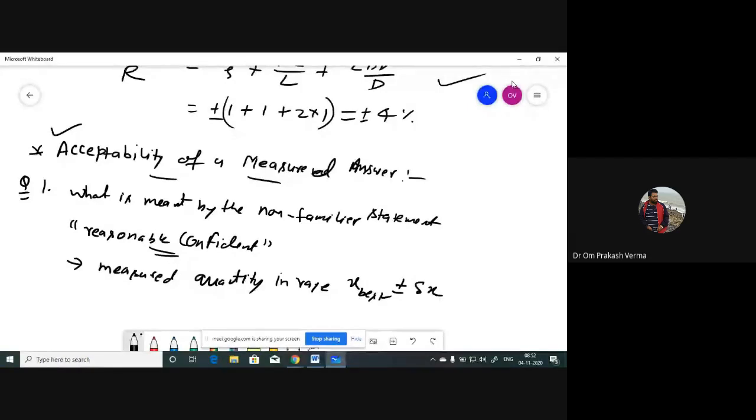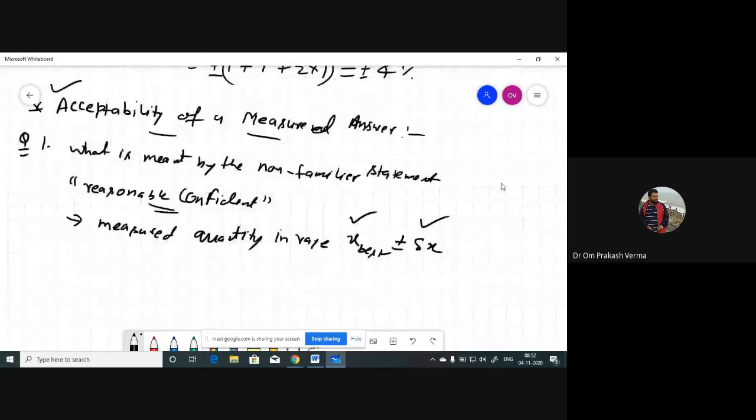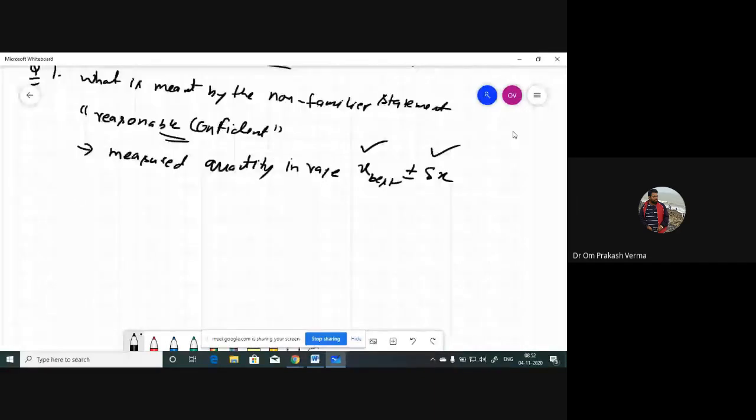It is your correct answer, yes or no? When you find the measured quantity, the appropriate answer is x best with some limiting error. This tells how confident your answer is.